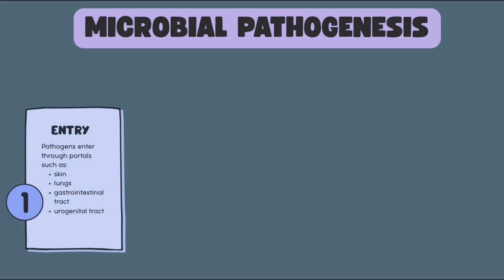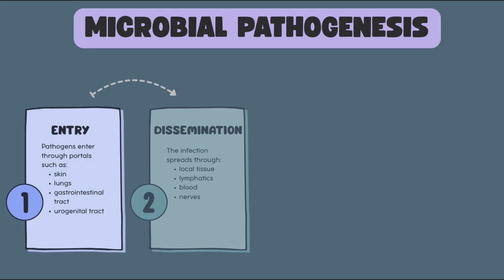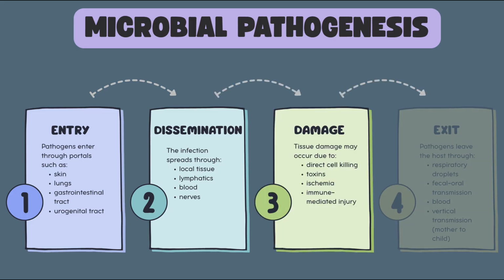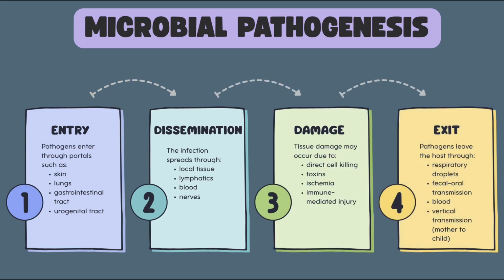Those four steps are entry, then dissemination, then damage, then exit. We're going to have a look at each of these four steps in detail, but you can use this roadmap as a summary to remember the four steps that infectious agents use.